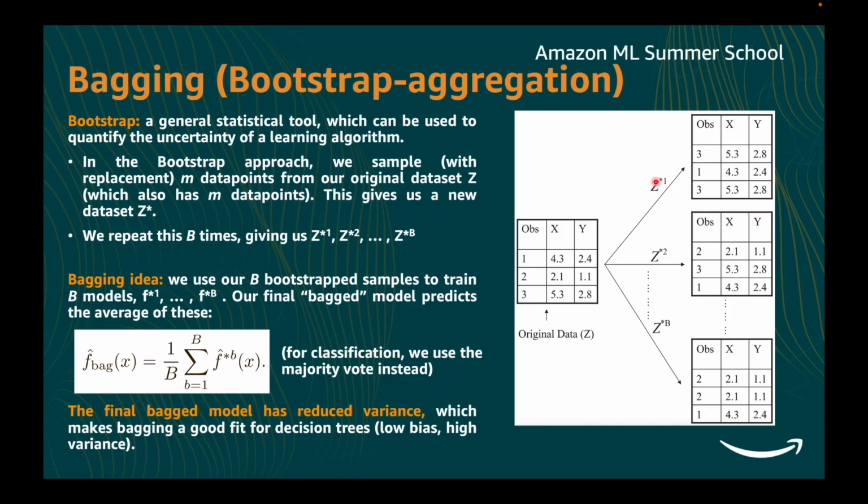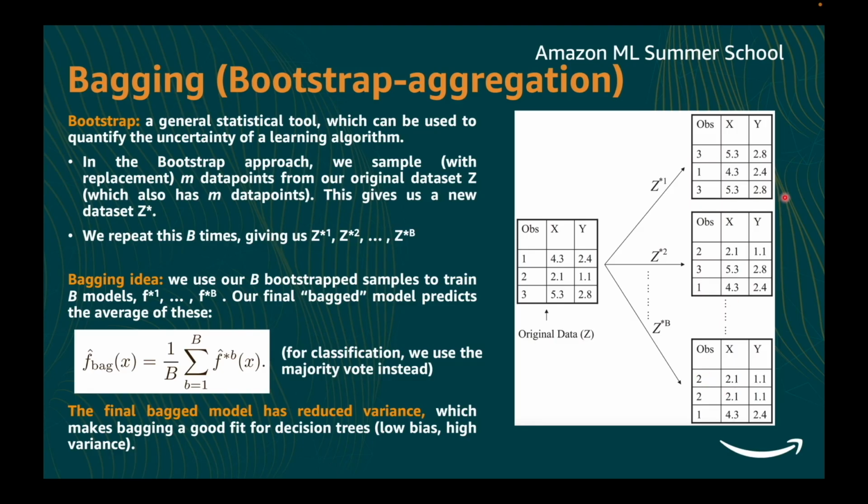So if you see over here, this is our original data set Z, and my Z star 1 is my new data set, where the first row and the third row are just repeats. They're picked from this row in the original. And even over here in my data set, the second row and the first row are repeats of this point number 2.